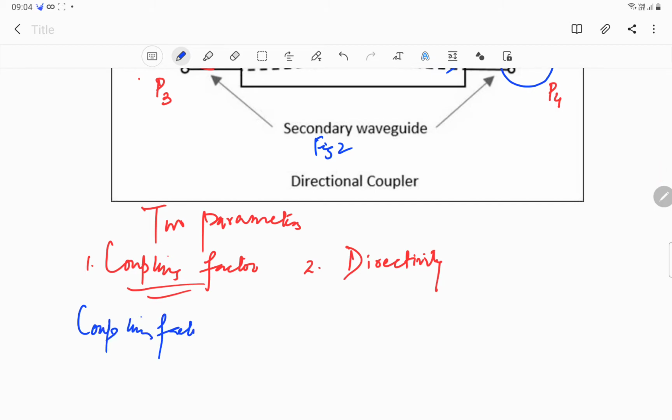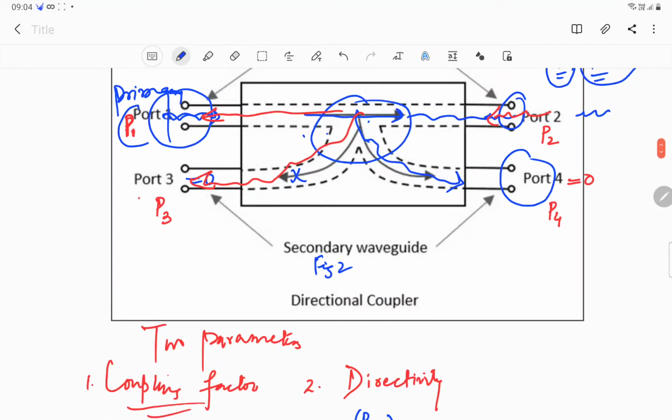Coupling factor in decibels is 10 log 10 P1 upon P4. P1 is the input power and P4 is the power that's coupled to port 4.